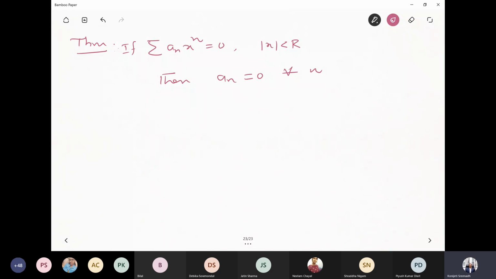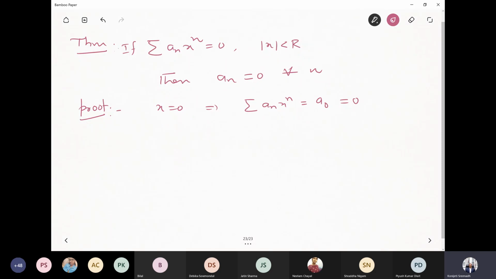You can see easily that by taking x equals 0, you get a_0 is 0, right? So take x equals 0. This implies that the series sum of a_n x^n is nothing but a_0, which is 0.